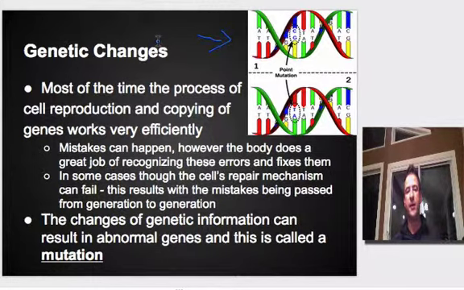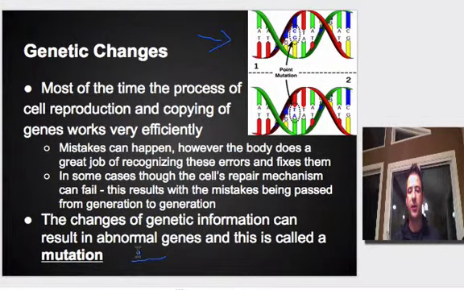But in some cases, our repair mechanism doesn't work the way we want it to, and sometimes it fails. The result of that failure can be passed on from generation to generation, from your parents to you, or from grandparents to parents to you, and so on. We call these changes in genetic information that cause abnormal genes mutations.